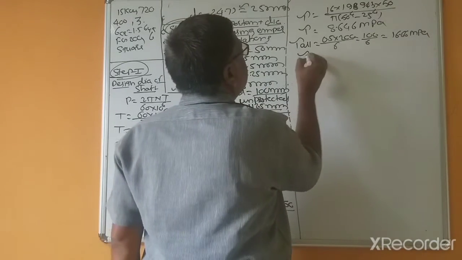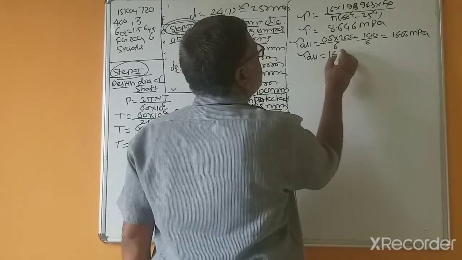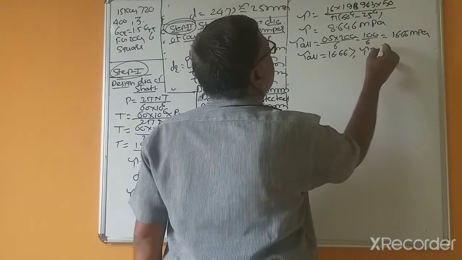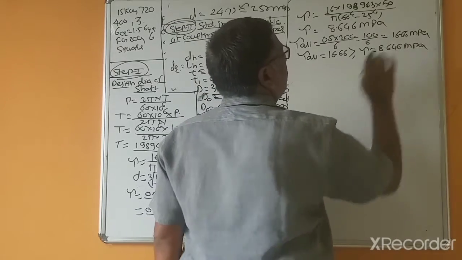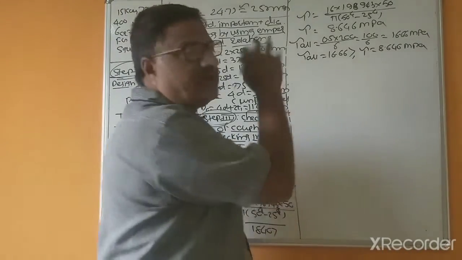So this allowable 16.66 is greater than tau equal to 8.646 megapascals. This is clear. That's why the design is safe.